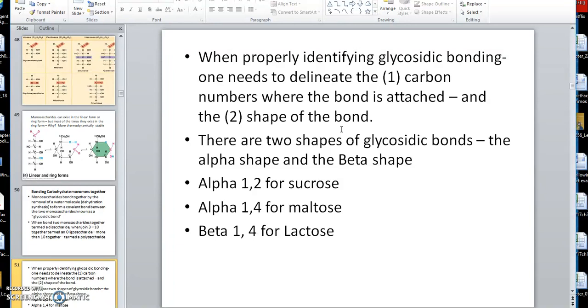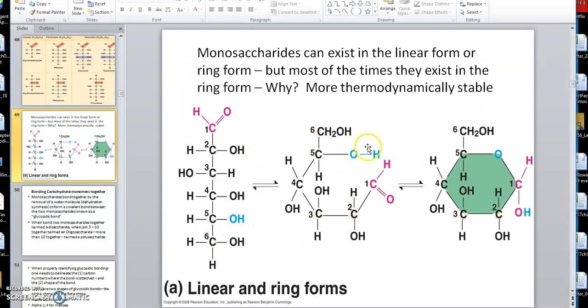So when I examine disaccharides, the most common disaccharides that we would have, which would be sugars, remember, they would be sweet, an alpha-1,2 linkage. Now the alpha-1,2 linkage would basically be between the first carbon of one and the second of another.